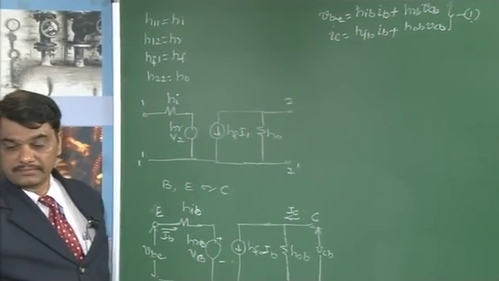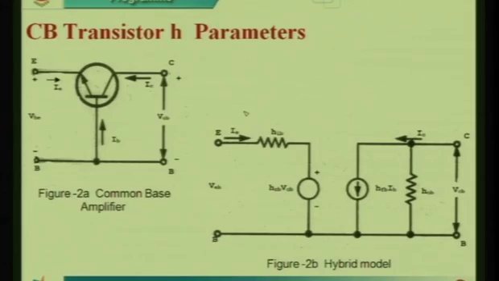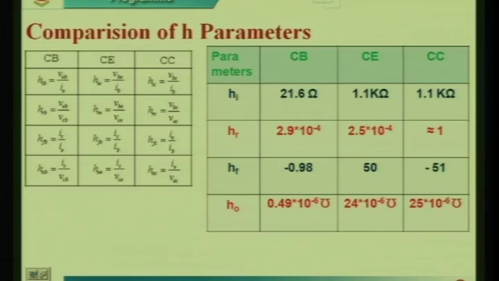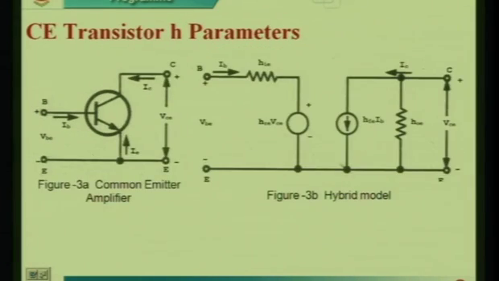Similarly, for a common emitter amplifier as shown in figure 3a, the input current is IB, the output current is IC, and the emitter is common.